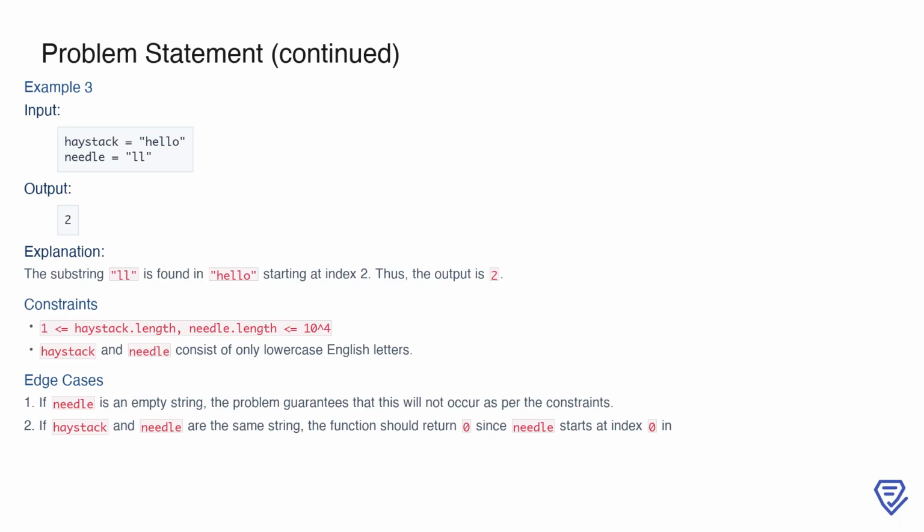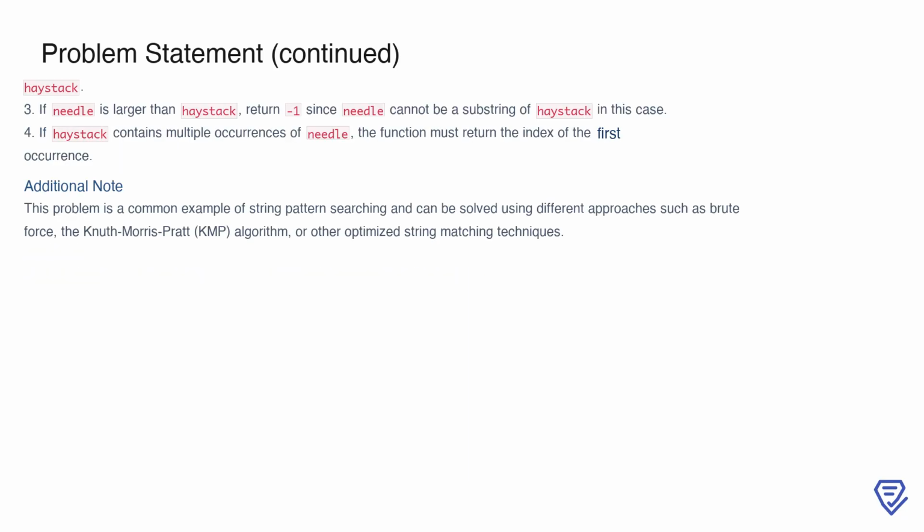For example, the problem guarantees that the needle will never be an empty string. If haystack and needle are identical, the function must return 0, as needle starts at the very beginning of haystack. Furthermore, if needle is longer than haystack, it is impossible for needle to be a substring, so the function should return -1.